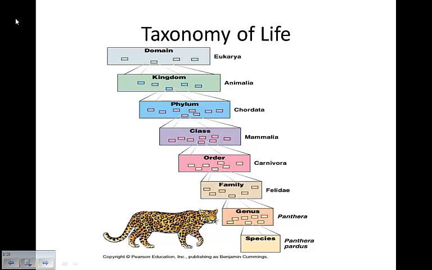That's where we get the name species, because it's the most specific, the specific epithet. If I said I'm thinking of something in the kingdom Animalia, you don't know what I'm talking about. But if I say Canis lupus, everyone knows we're talking about the gray wolf.